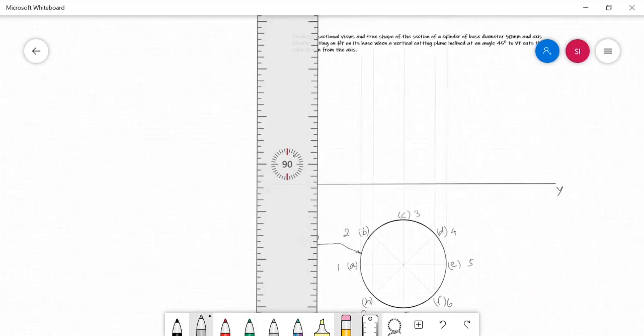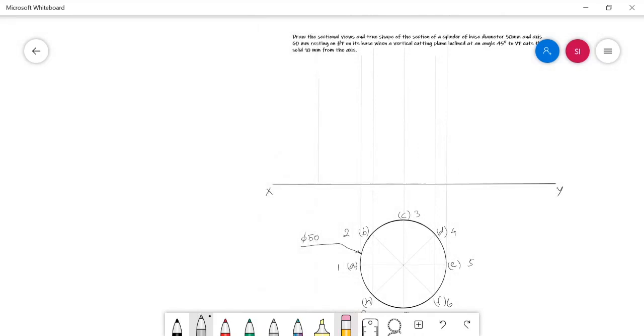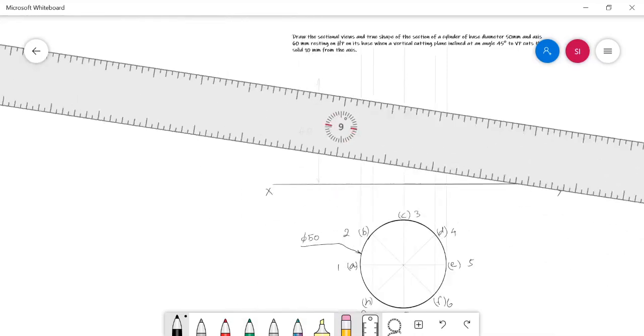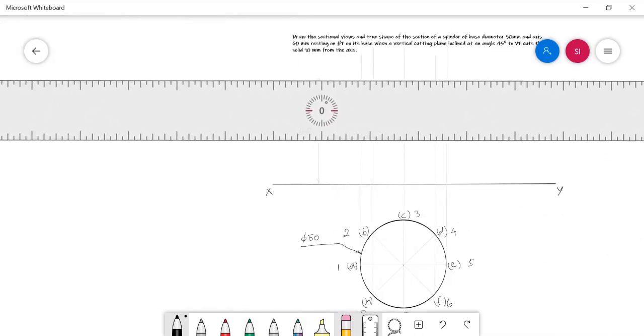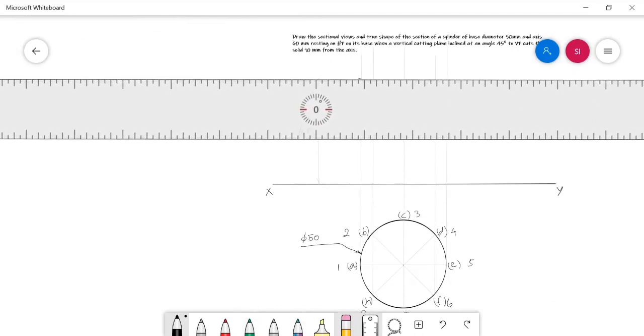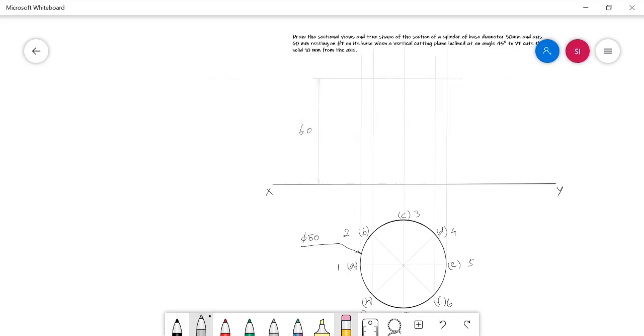The axis height of the solid given is 60 mm. So at that height I am marking the face of the solid, followed by marking the points.